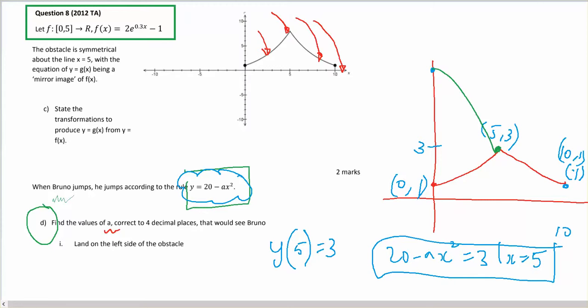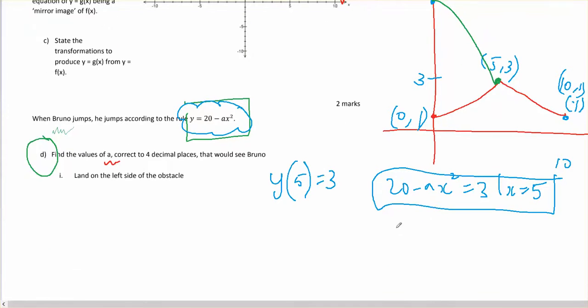Is that okay? So if I did 20 minus ax squared is less than 3 given x equals 5, then solve for A would give me when it's down here, and if when x equals 5 the y value is down here, it means that Bruno must be landing somewhere on the left.